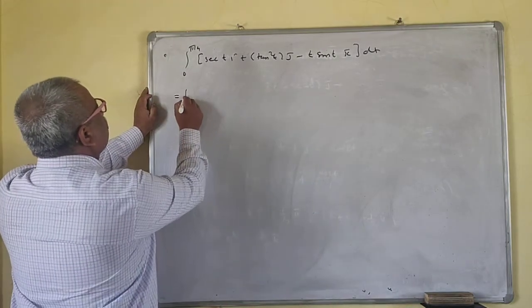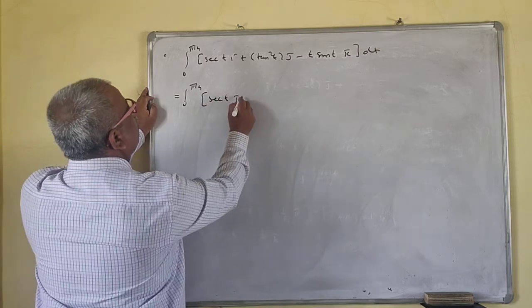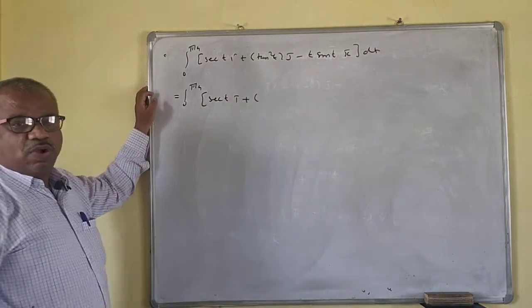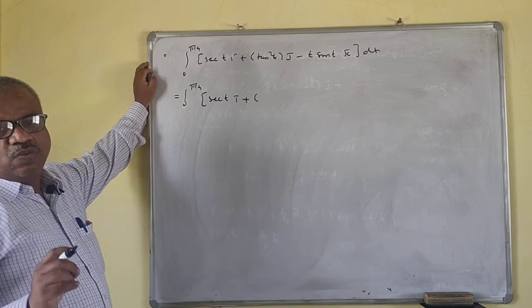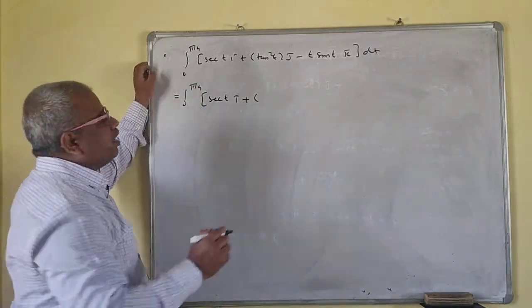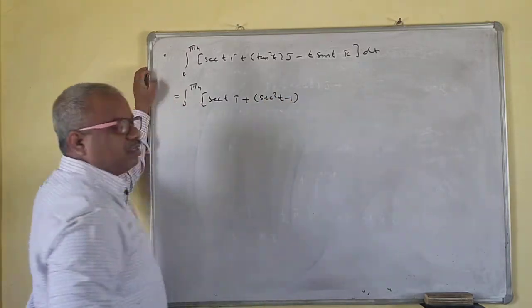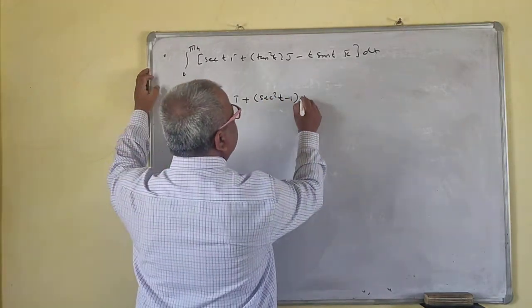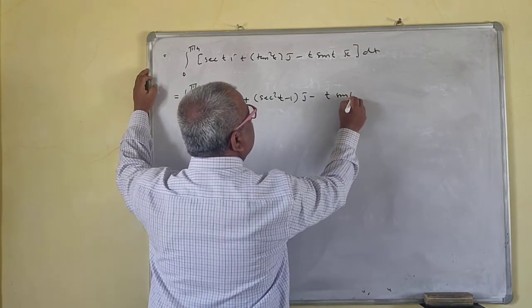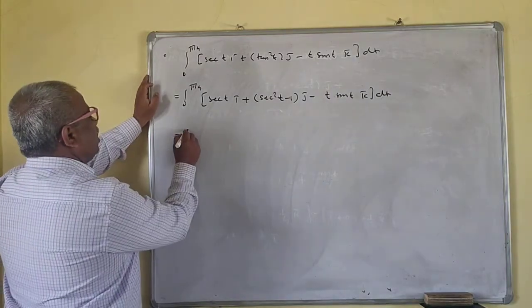Sec t is integrable, no problem. 1 plus tan square is sec square. Tan square is not integrable, but sec square is integrable. So we can write this as sec square t minus 1 j bar minus t sin t k bar dt. Now we'll integrate this.